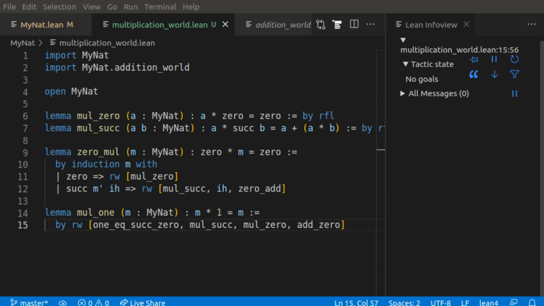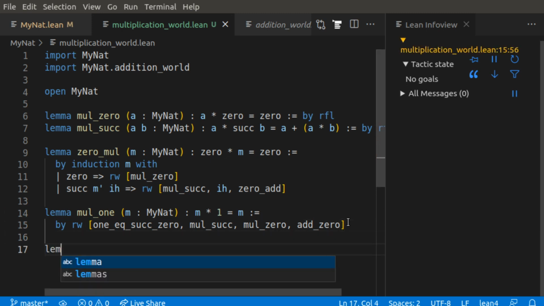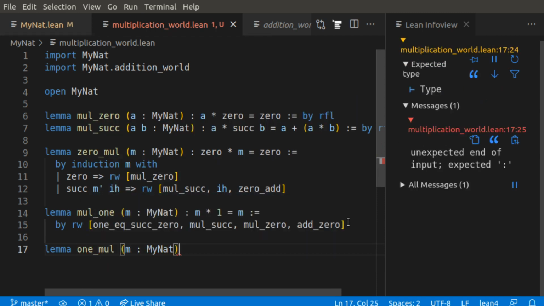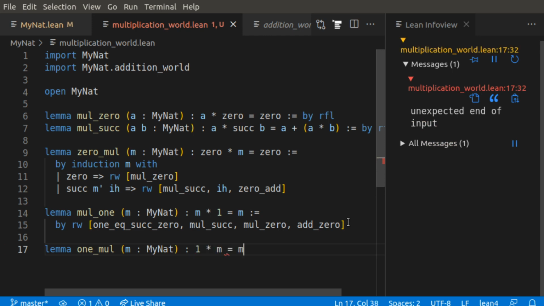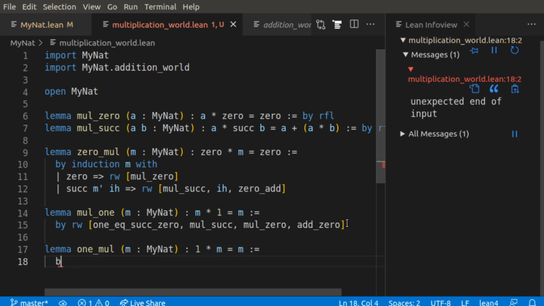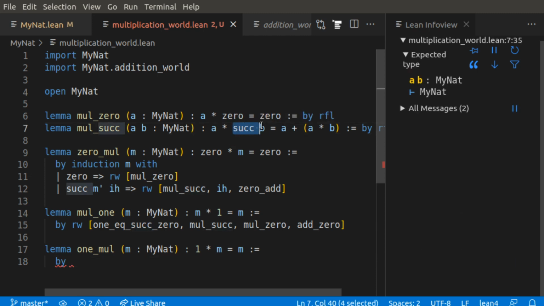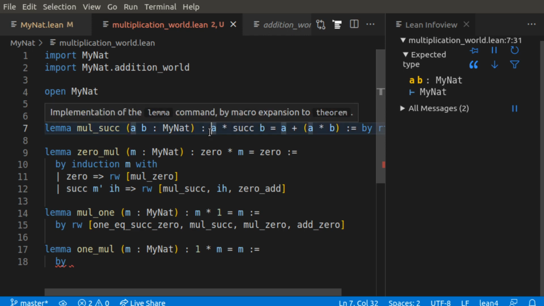Moving on to the next level in the multiplication world, we have the lemma one times m equals m. Okay, since we don't have a mul successor lemma, I don't think we can just expand it out, because we only have lemmas of the form a times successor of b, not successor of b times a.